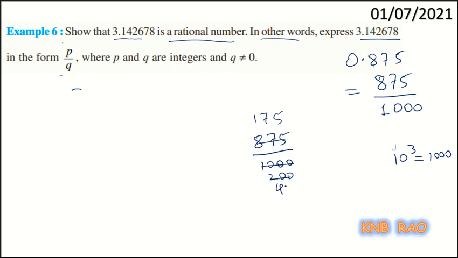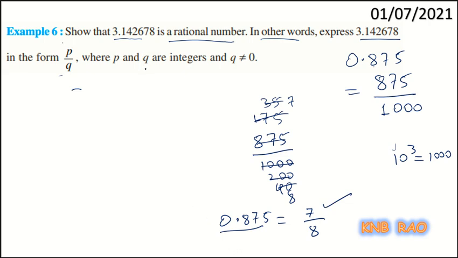Now further it cancels with 5 again. So the P by Q form of 0.875 is 7 upon 8.